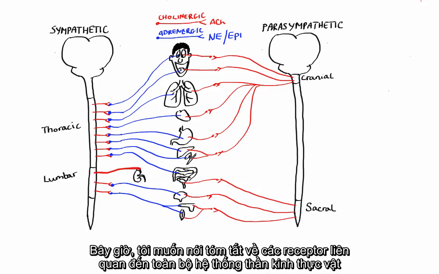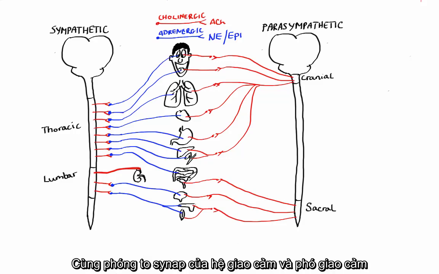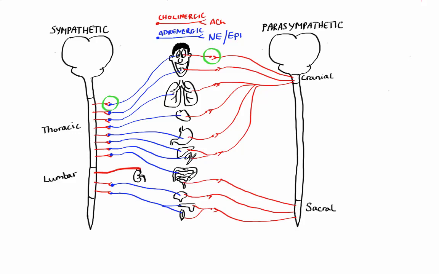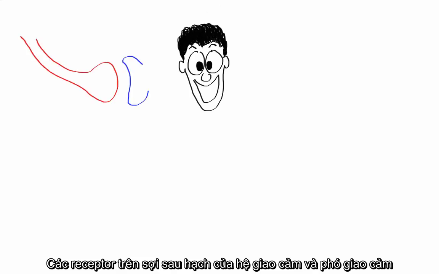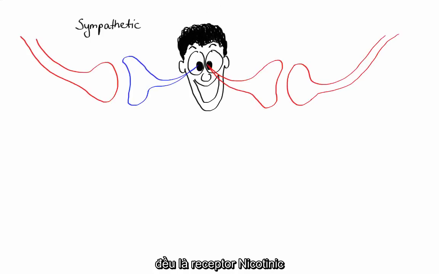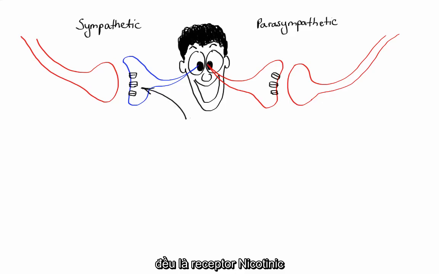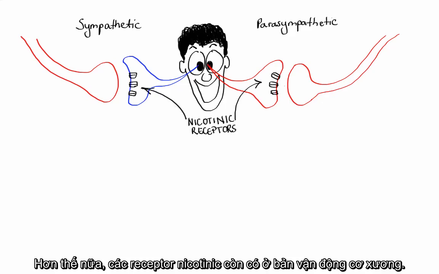Now, I want to briefly talk about the receptors involved in this whole system. So let's zoom in on this synapse from sympathetic system, and also let's zoom in on this synapse right here from parasympathetic system. So the receptors on postganglionic neurons within sympathetic and parasympathetic system are all nicotinic receptors. Moreover, the receptors in skeletal muscle are also nicotinic.